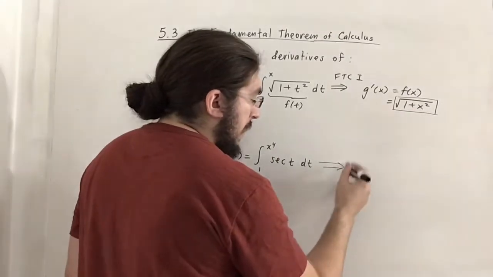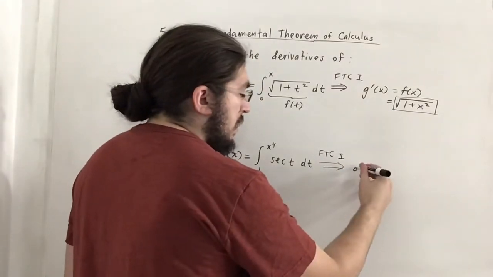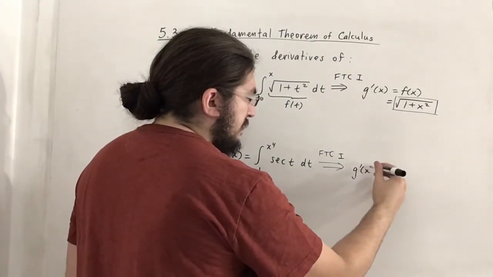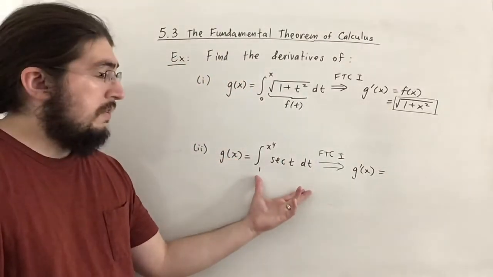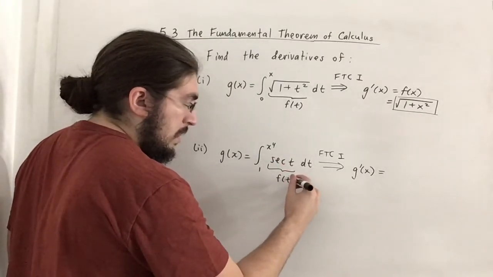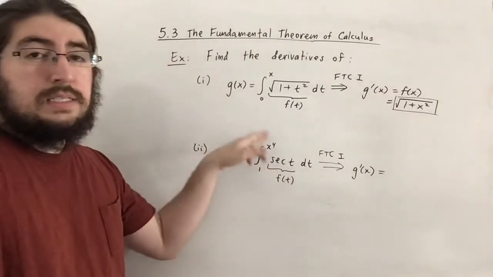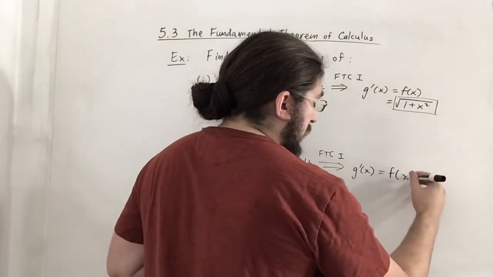So in other words, by the fundamental theorem part 1, FTC 1, g prime of x is equal to the derivative of this, again by the fundamental theorem, where this is f of t. So it's going to be f of this upper limit here. So it's going to be f of x to the fourth.